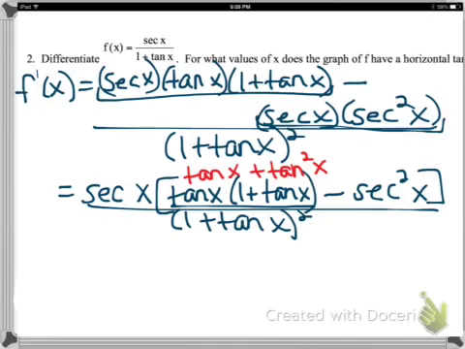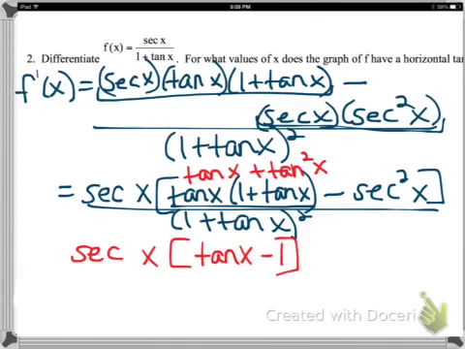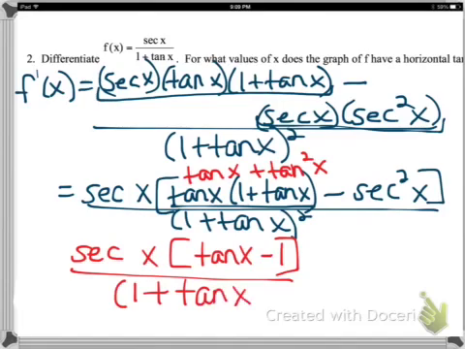What does that become? I have tan squared minus secant squared, which is actually equal to -1. So this would turn into secant of x times tan of x minus 1, all over 1 plus tangent of x squared.